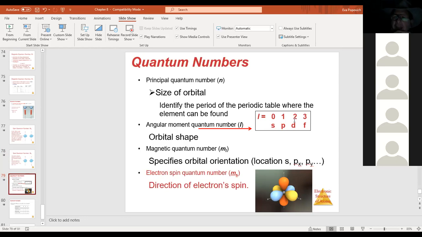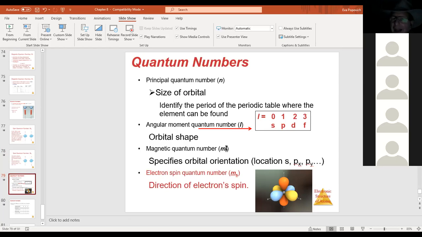So that's why the f orbitals don't appear until the fourth shell. Now, we have our M sub L, and the M sub L indicates the orbital orientation. If you want to think of it like organizing it on the X, Y, and Z axis planes.